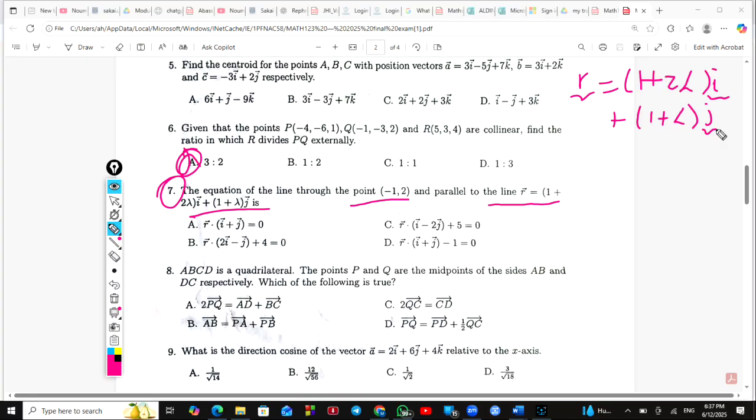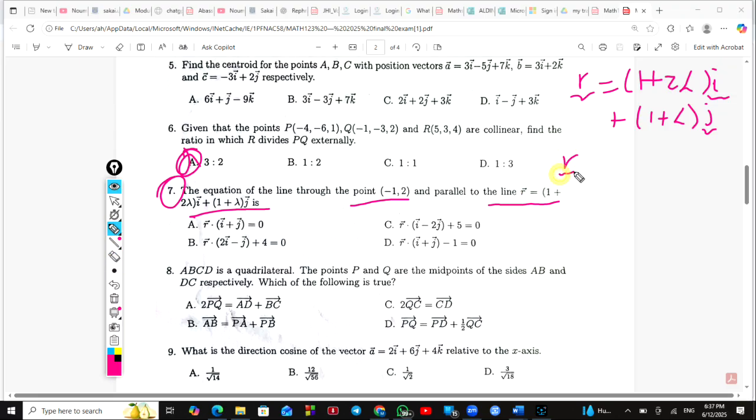So it's parallel to this. If it is parallel to this, it means that the line shares the same direction vector with this, and hence their normal vectors are also the same. So let's regroup the equation that we know.